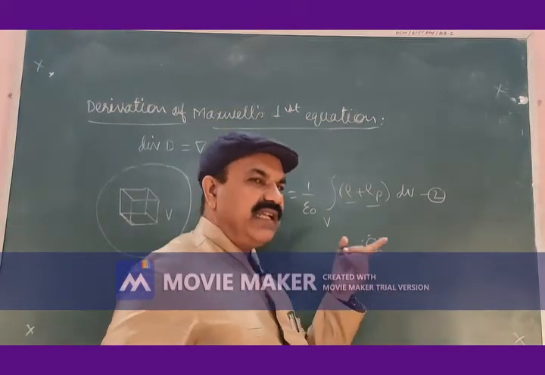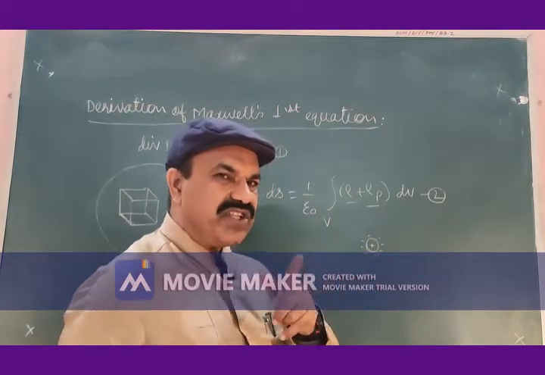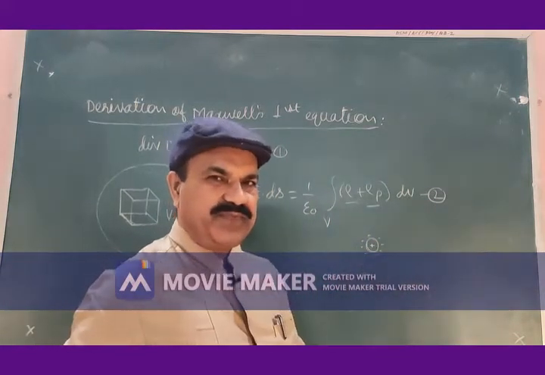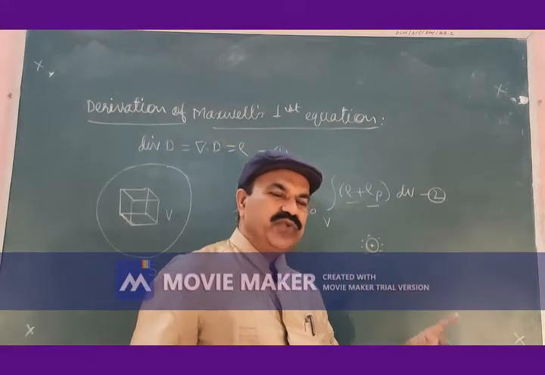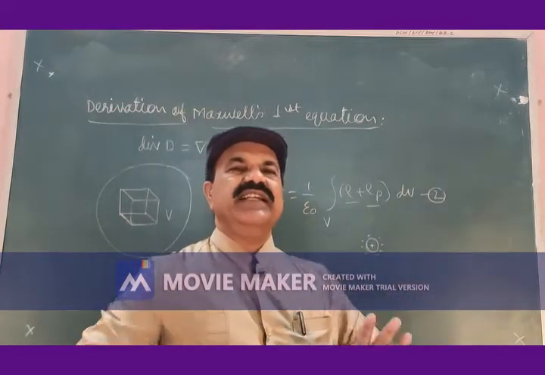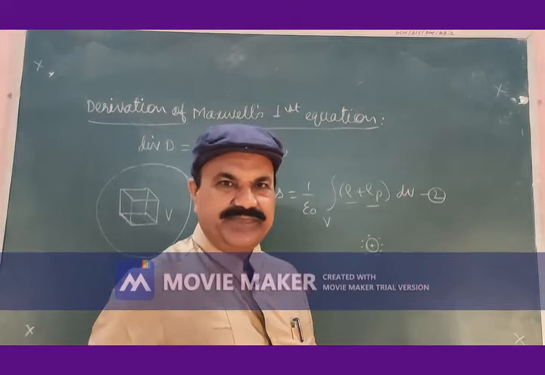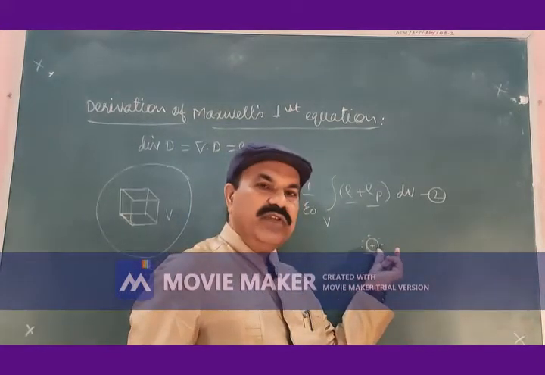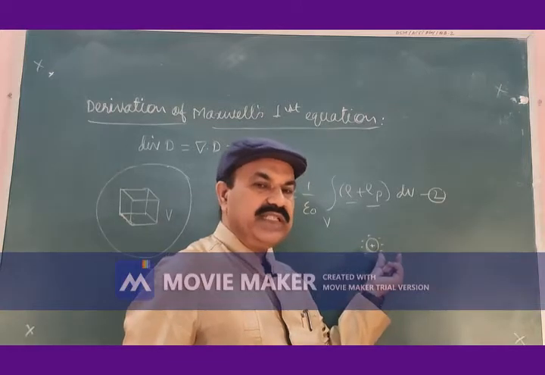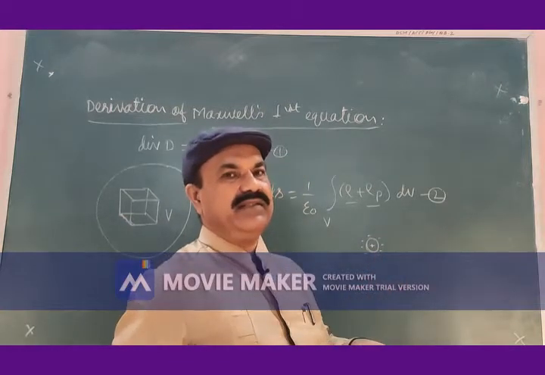I am taking a single atom as just a representation of all the atoms. Whatever we say about this single atom is true for all the atoms inside the dielectric material. This is an atom of dielectric material.